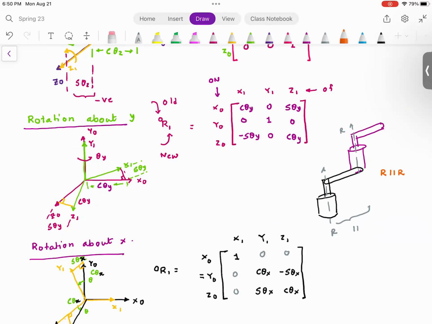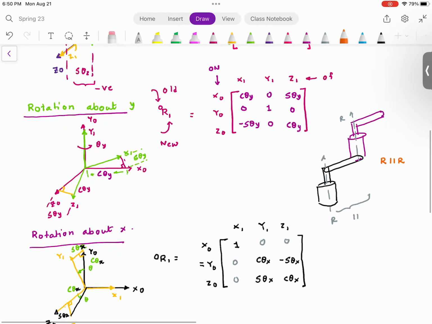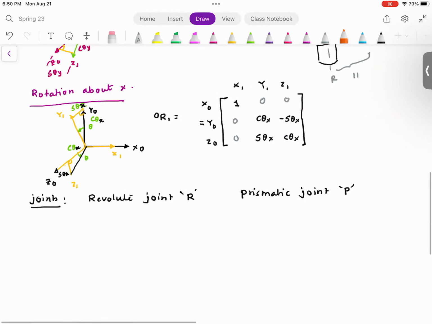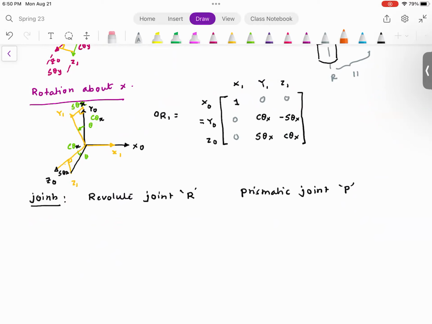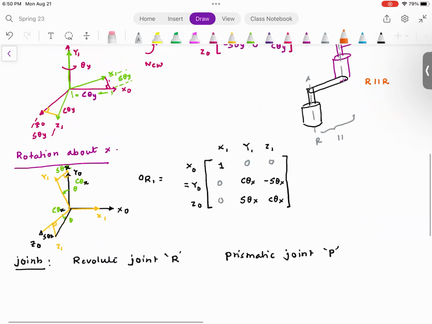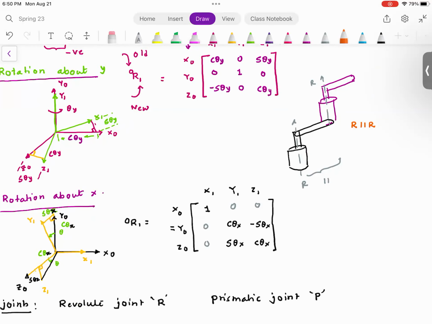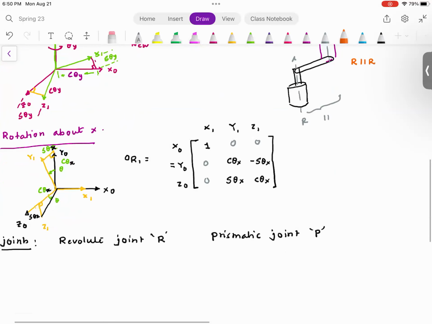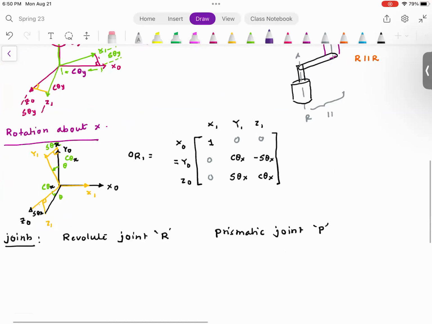Now, with that, I'm going to work out a few problems. First and foremost, given a robot, we need to draw the kinematic diagram. If you see this robot, I want to draw a kinematic diagram. What is a kinematic diagram?